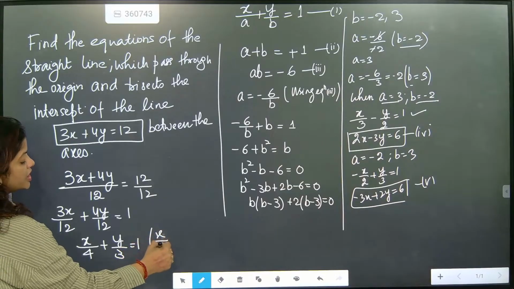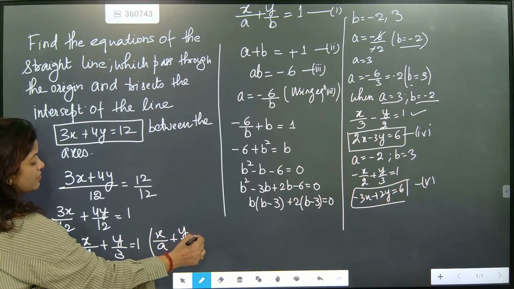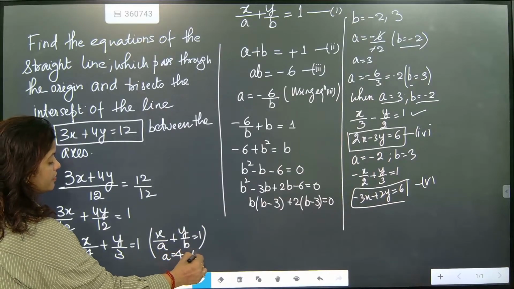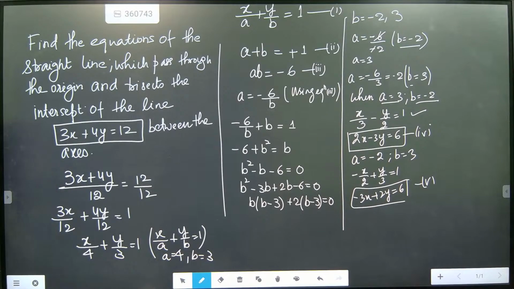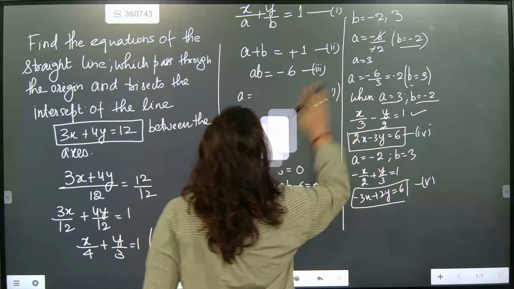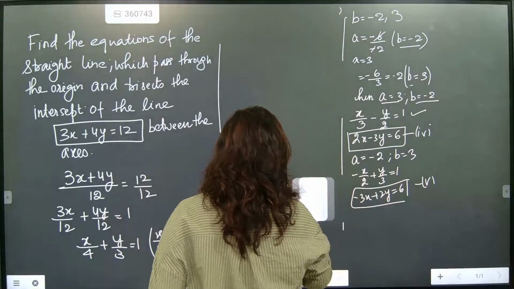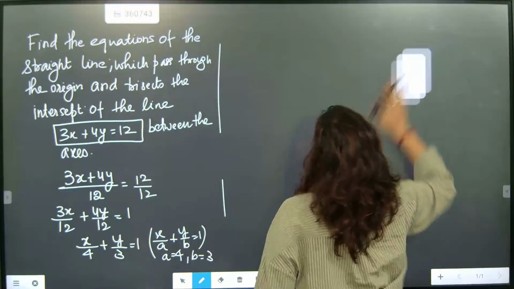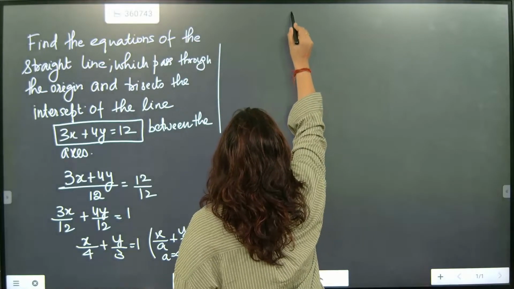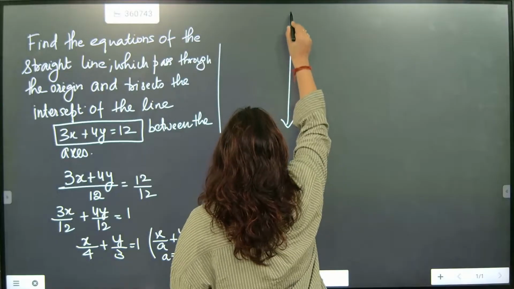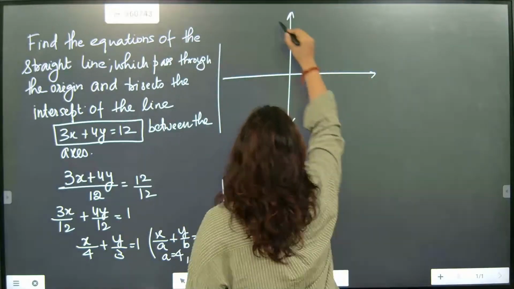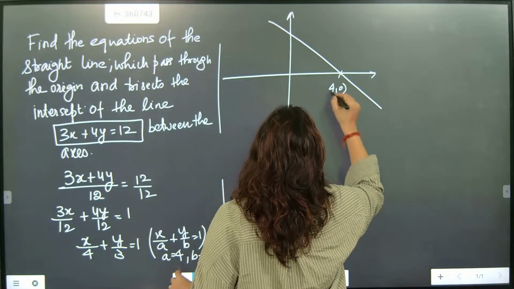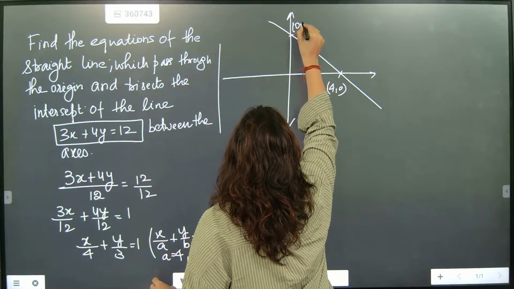If you take the general equation, x by a plus y by b equal to 1, so the a value is coming as 4 and the b value is coming as 3. So x value is coming as a and y value is coming as b. Now we will solve this question in this format. The line we are going to draw will show the intercept form. So A means where it is cutting: 4 comma 0, and B point is 0 comma 3.